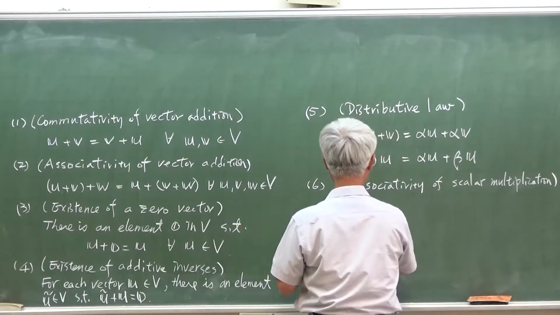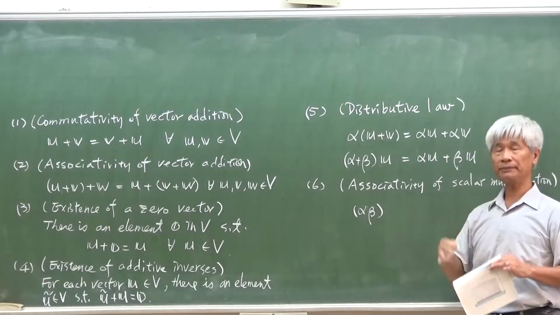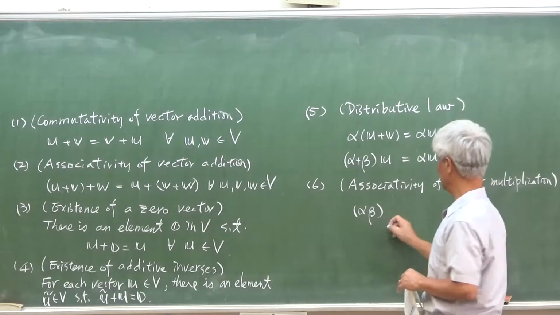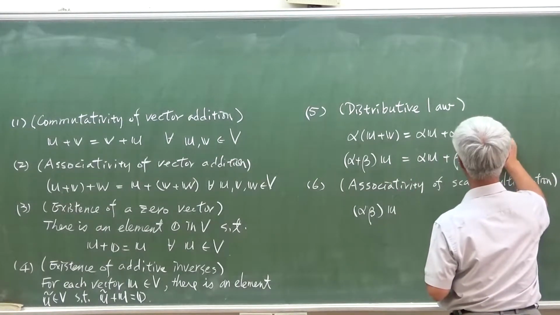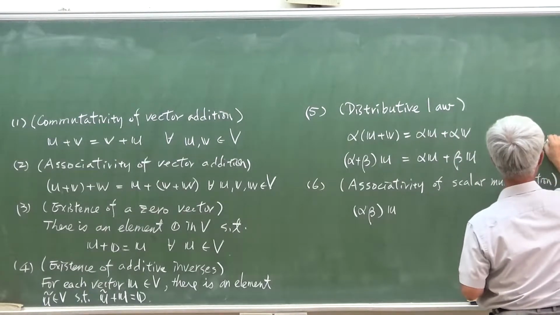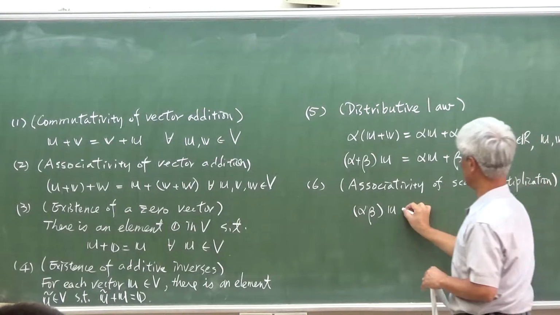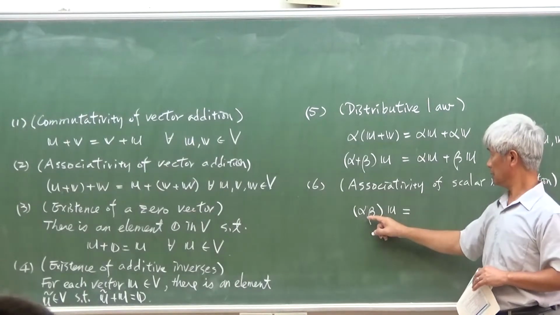The meaning is that for scalars we can multiply two scalars, so alpha and beta and u, for all u.